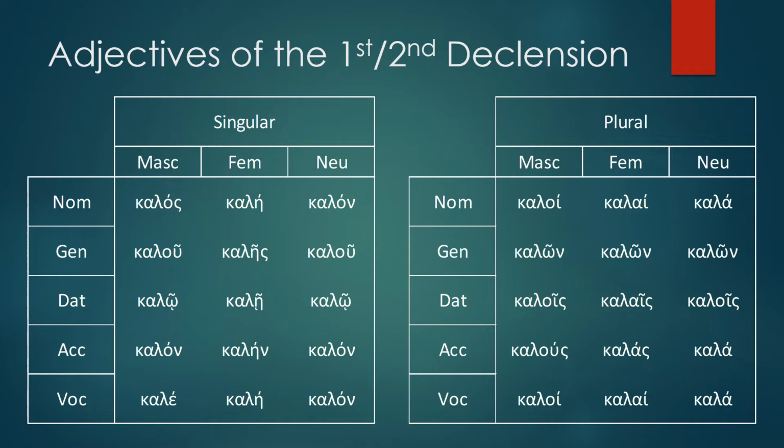Looking at the neuters now, you can see how they're very similar to the masculines. In fact, the only differences are for the nominative and the vocative, kalon, and that just looks like the accusative. But for the genitive and dative, well, they are the same. That makes it easier in one sense. You have fewer unique endings to memorize.